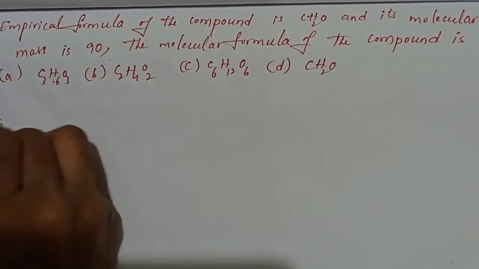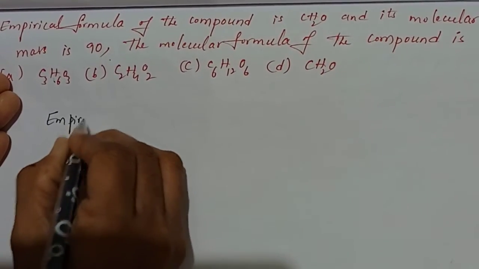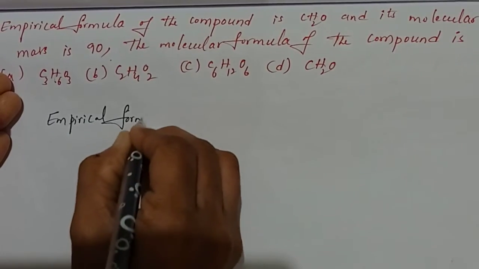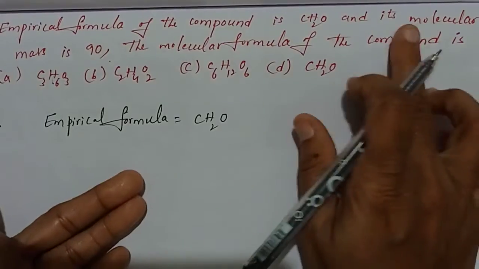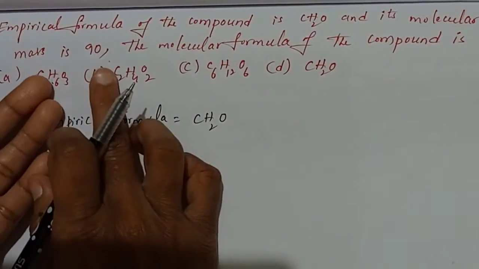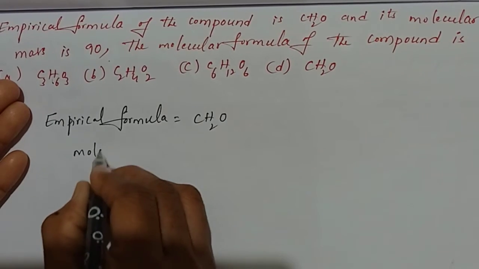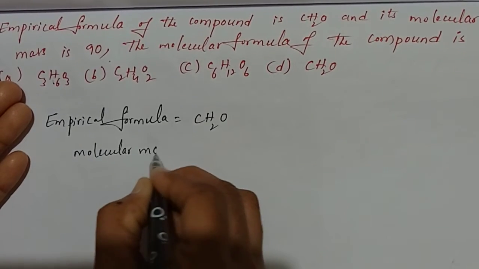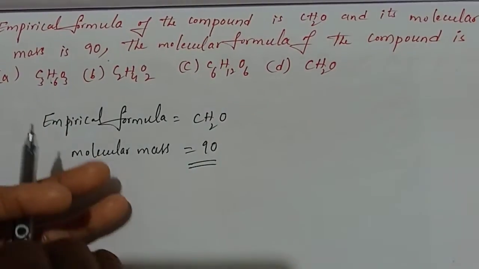So how to find it, students? The empirical formula is given as CH2O. And its molecular mass is given as 90.